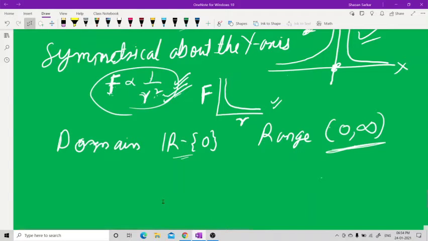Now, carrying on with the discussion of f is inversely proportional to r, I wrote f is inversely proportional to r square.